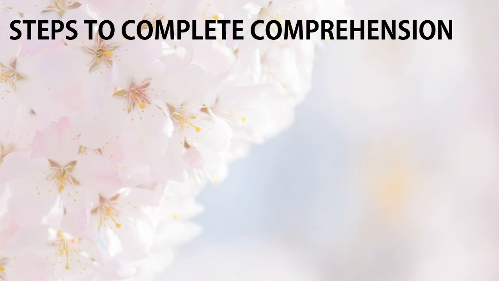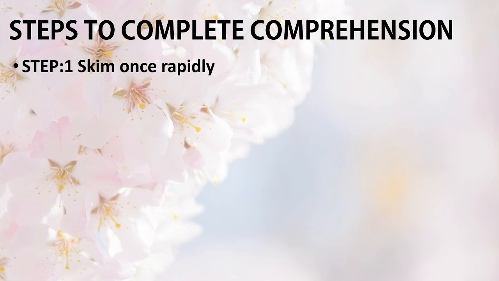Let us discuss the steps to complete comprehension. Step 1. Skim once rapidly. You need to skim once as rapidly as possible to determine the main idea before you look at the questions. Or you can read the questions first and then quickly read the passage.